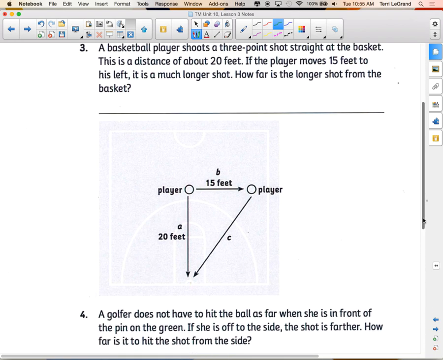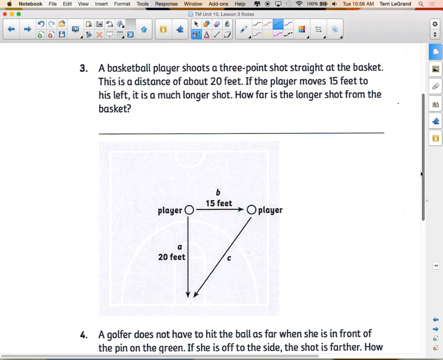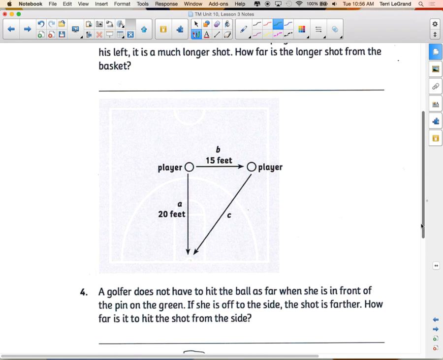So we have a basketball player that shoots a three-point shot straight at the basket. This distance is of about 20 feet. Where's that on the drawing? What did they label that? What part of the right triangle? A. That's one of our legs, isn't it?